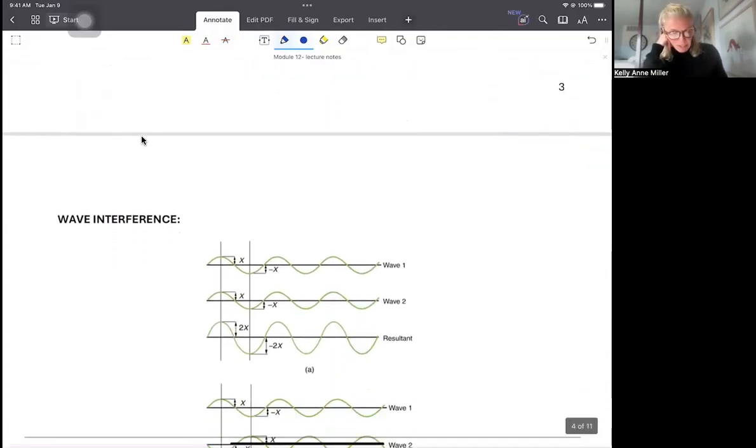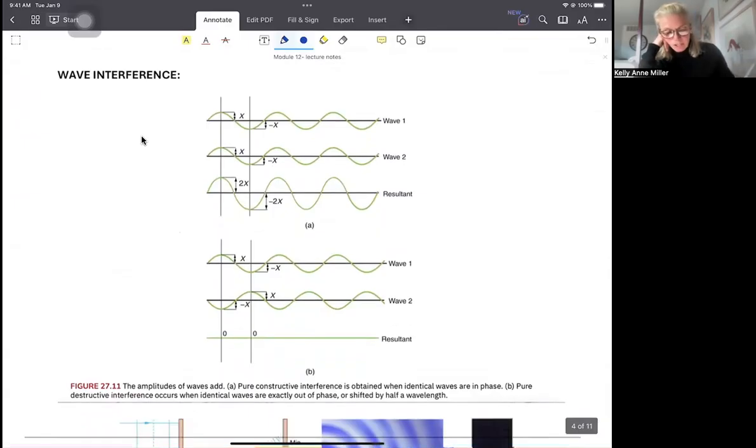Okay, so this is sort of just defining. I think probably everyone is familiar with this idea, but I just want to review it. So let's say you have two waves, and they're traveling through space, and they're coherent, which means that they are in phase with each other. In space, their peaks line up at the same place, and their troughs line up at the same place, right?